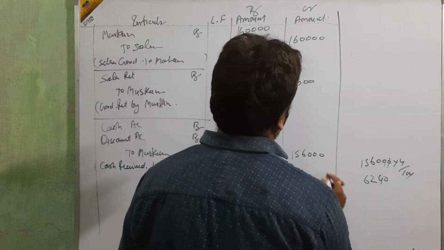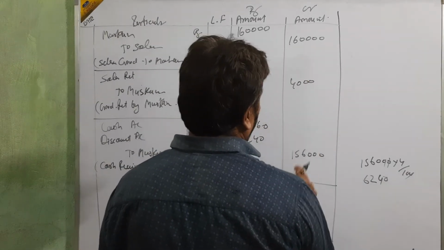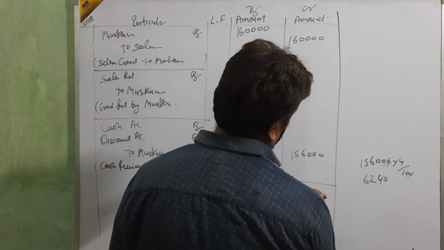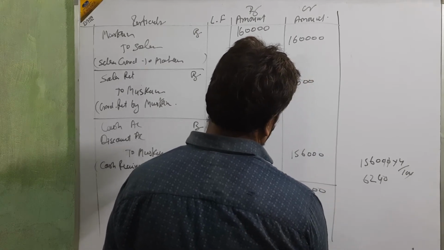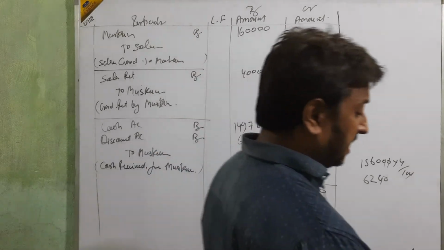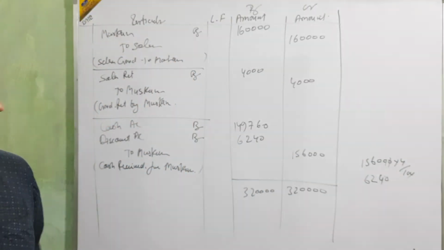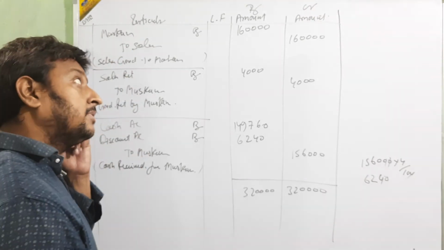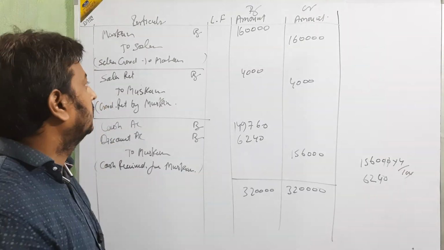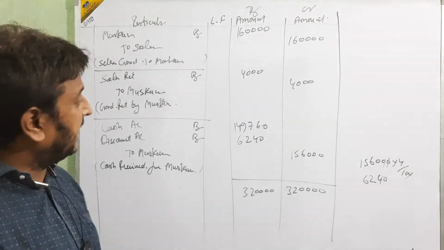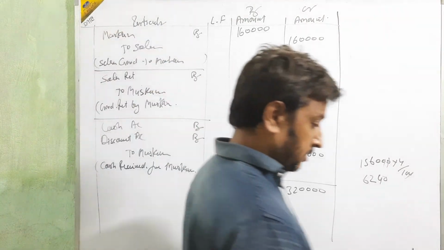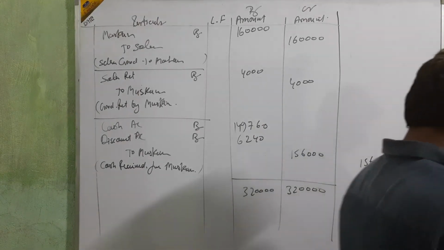Then totaling 160 and 160, 320. Clear? How to present all the entries? In the case of trade discount with the list price, this system we are going to follow. Okay, beta? Clear?